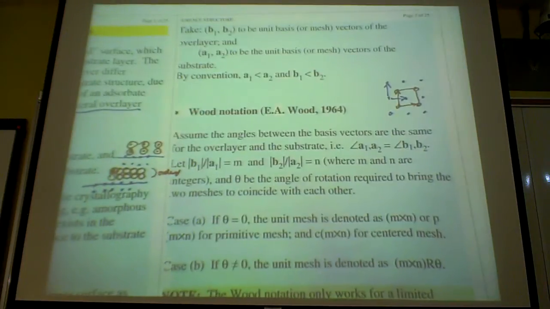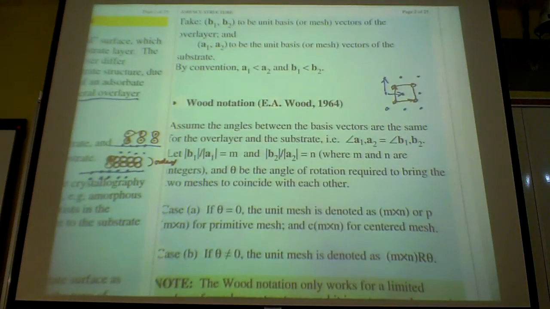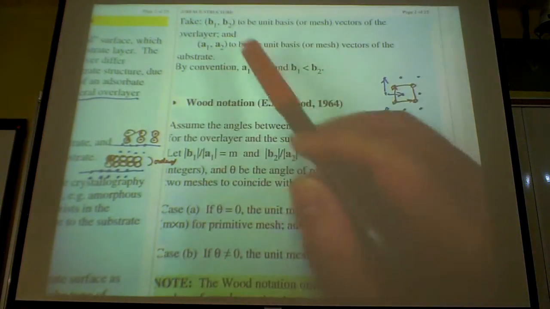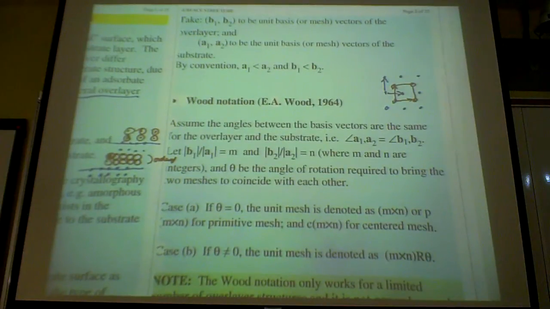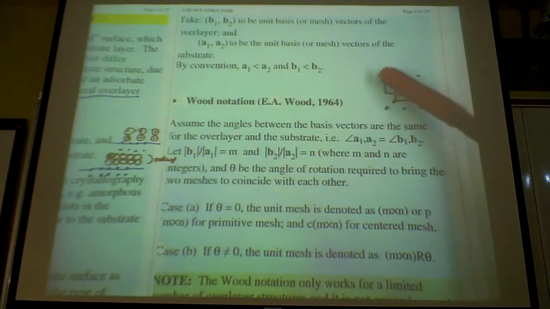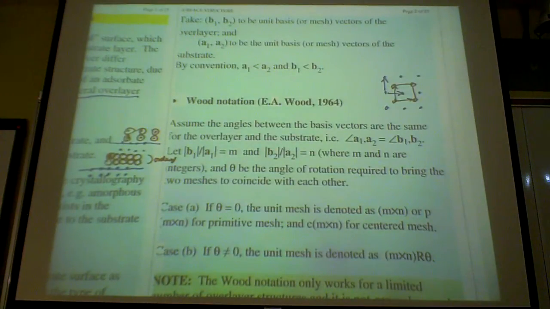So quantitatively, I introduce a little bit of jargon here. If you take two vectors, B1, B2, to be the basis vectors, if you like, of this overlay grid. So I would draw, for example, in this little thing here, the blue dot to be my substrate grid, and there are two vectors.